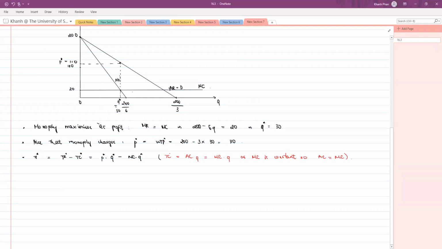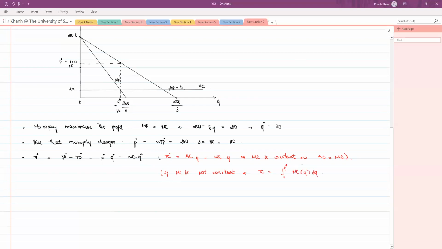However, if the marginal cost is not constant, then the total cost is not going to be equal to marginal cost multiplied by quantity anymore. It is going to be the area under the marginal cost. So I will say over here, if marginal cost is not constant, then the way to find the total cost is the integral between 0 and Q star of the marginal cost function dQ.